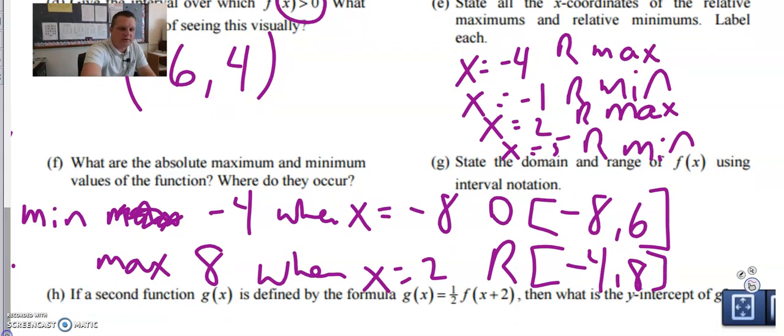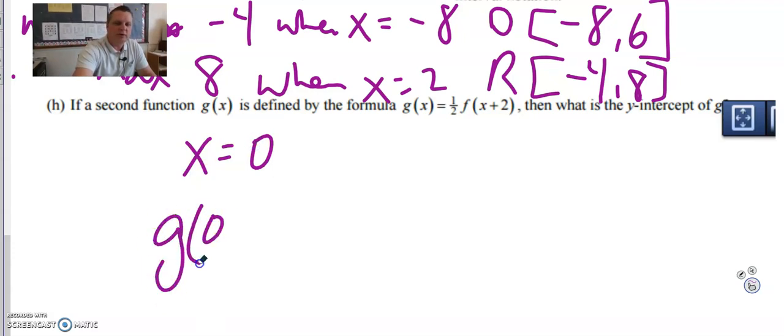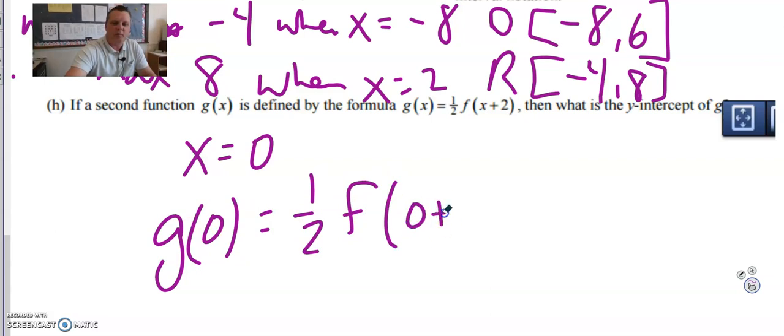Now if they want to find a rule or some terms for a second function, it is defined by the formula g of x equals 1/2 f of x plus 2. What is the y-intercept of g of x? So the y-intercept is always going to be where x equals 0. So g of 0 is going to be 1/2 f of 0 plus 2.